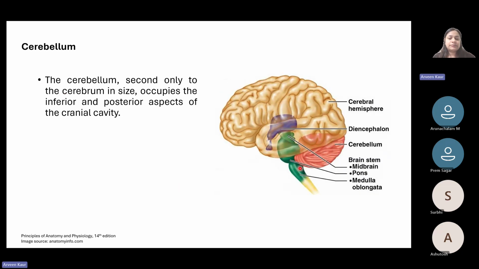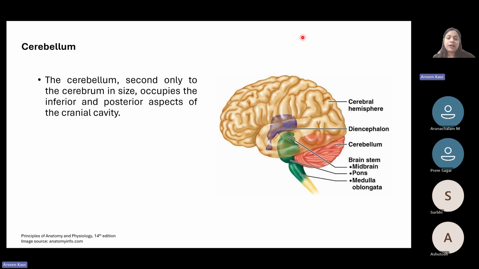Then comes cerebellum, right? Another very, very crucial part of the brain. Cerebellum, which is second only to cerebrum in size, occupies the inferior and posterior aspects of the cranial cavity, right? However, we will read about it also, that this small portion of the brain contains about half the number of neurons that are present in the entire brain, right?